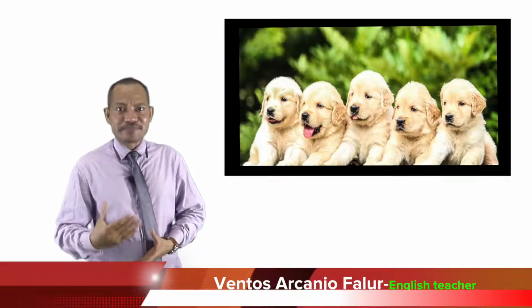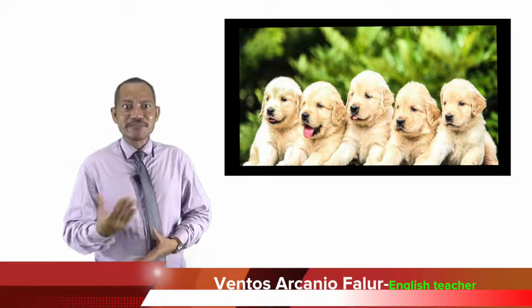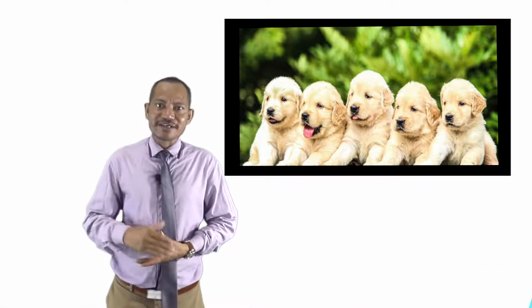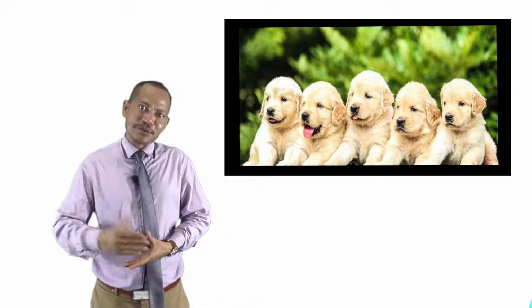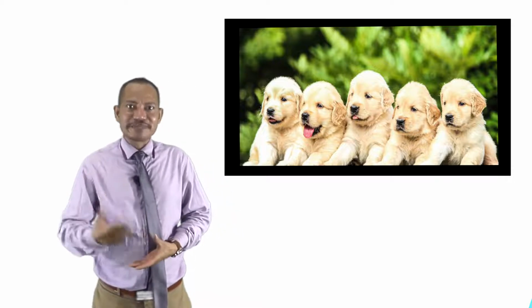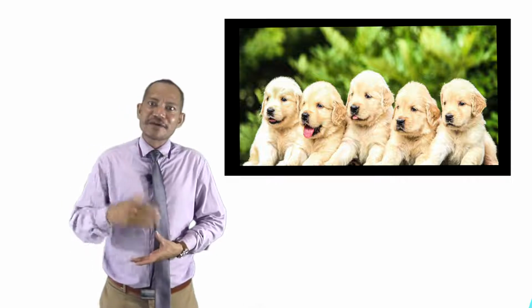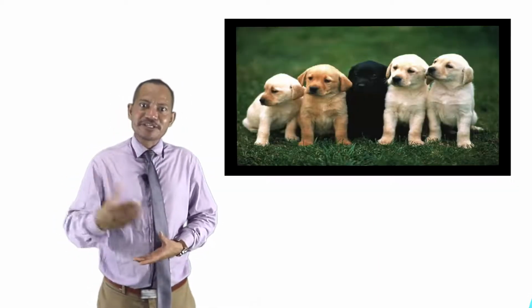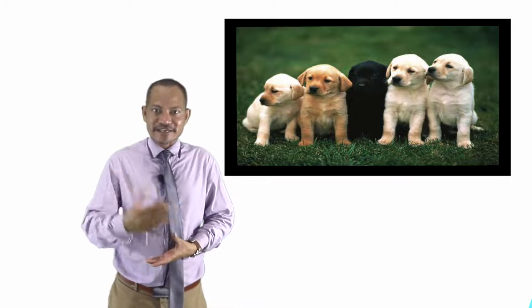When you look at this picture carefully, you will notice that it is a picture of 5 puppies. So here you can see that there are 5 individuals of the same species of animal, the dog species. You can see that among these 5 puppies, the size might be different from one another. Some may be very tall, some may be very small in size.